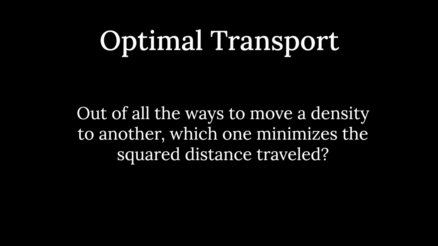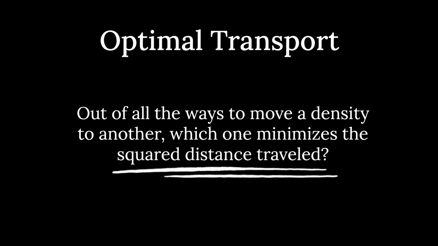Out of all the ways to move a density to another, which one minimizes the squared distance traveled? This is an appealing way of framing the problem because it formalizes a notion of efficiency, and an efficient velocity field will lead to shorter paths and faster inference. That's why we'll choose the conditional field using optimal transport theory.